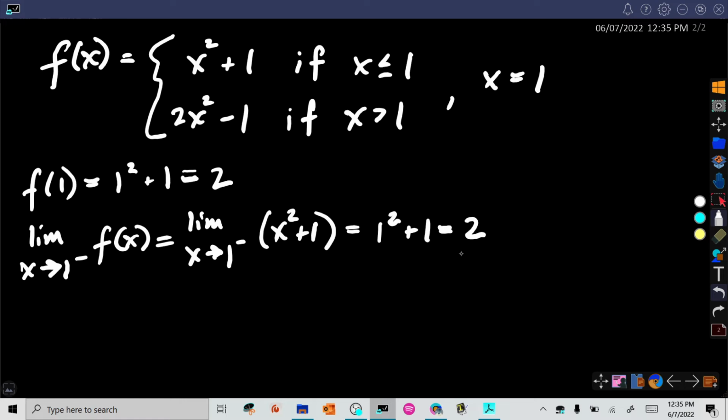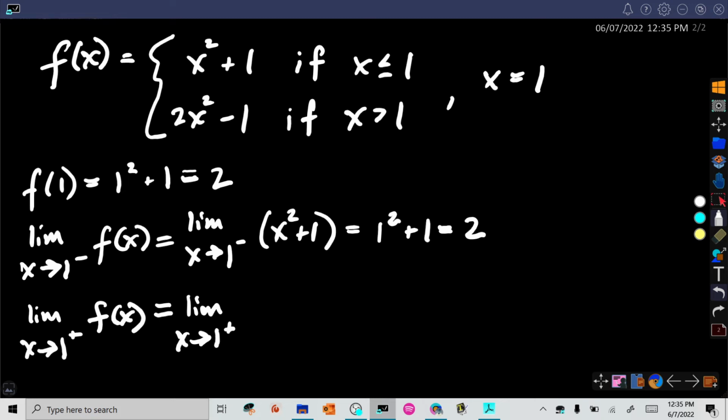If it's not 2, then we have a problem. So in this case, the limit as x goes to 1 from the right of f of x is the limit as x goes to 1 from the right of the bottom function, since for all values bigger than 1, we're coming from the right.